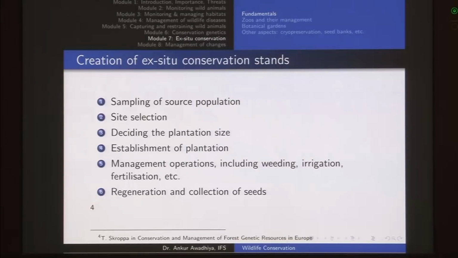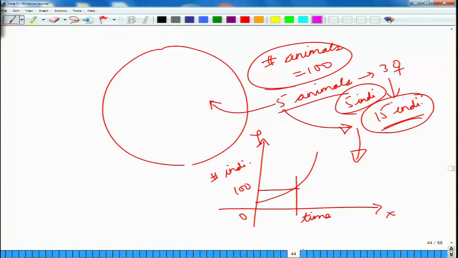Like we saw in the case of an ex situ conservation facility for animals, if the carrying capacity of our facility is 100 animals, then we will have to stop at a particular time because we will cross the number of 100. But if we had a larger facility, then maybe we would be able to go on for some more time without creating conditions of inbreeding.